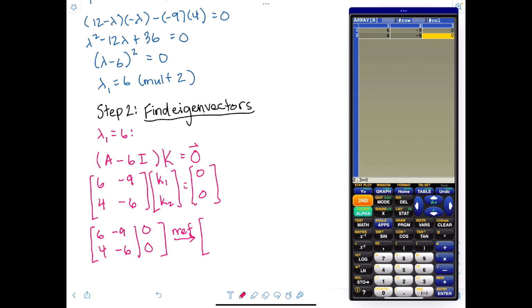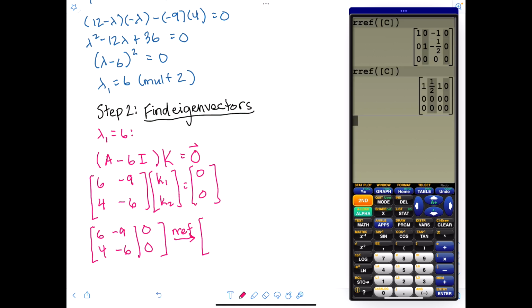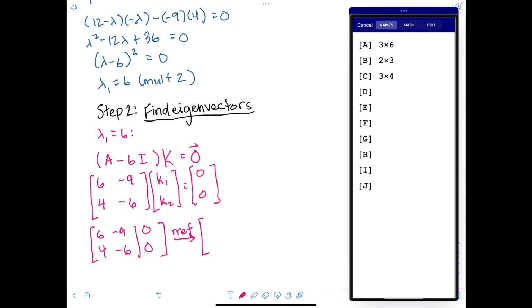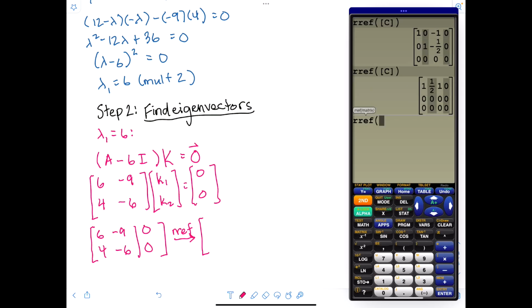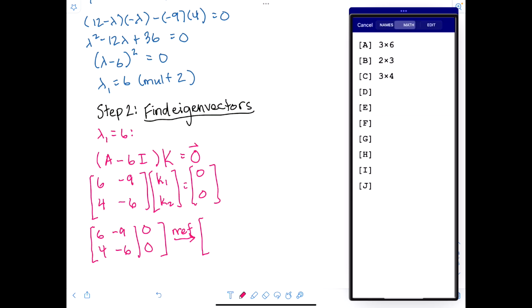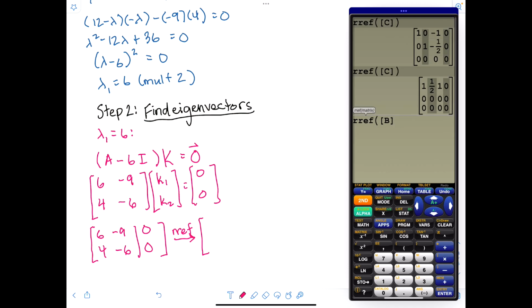We'll quit out of there. And second matrix, math, RREF, second matrix, B. And that'll give us 1, negative 3/2, 0, and then 0, 0, 0.